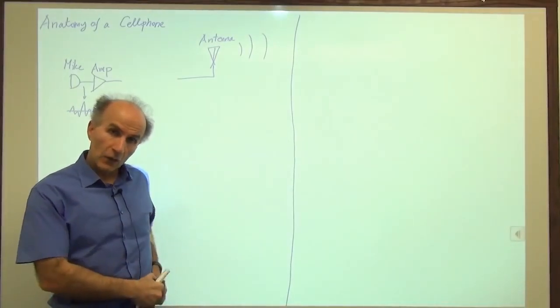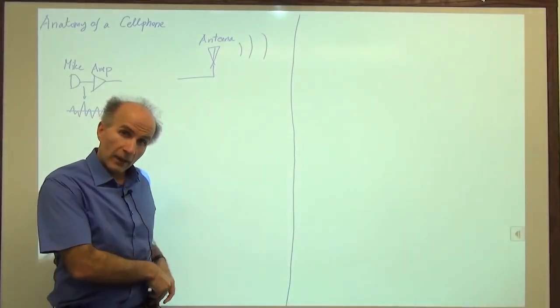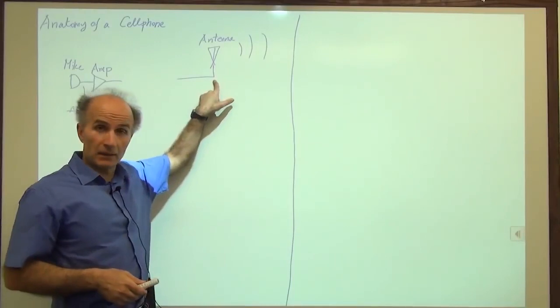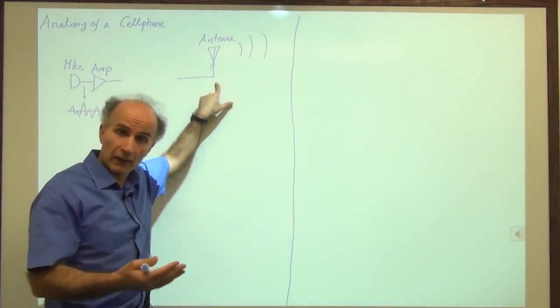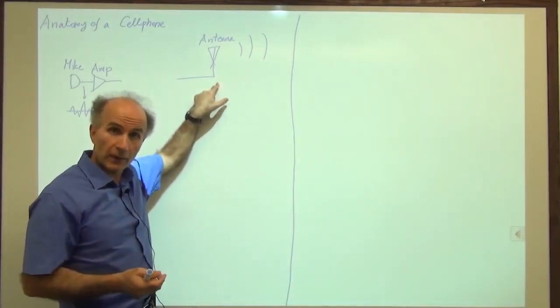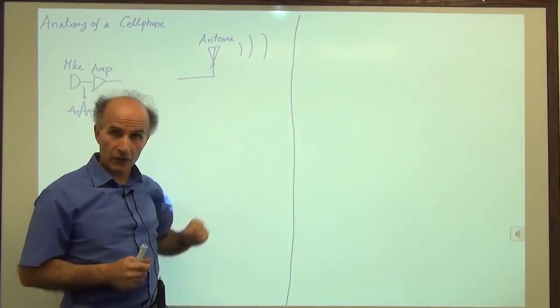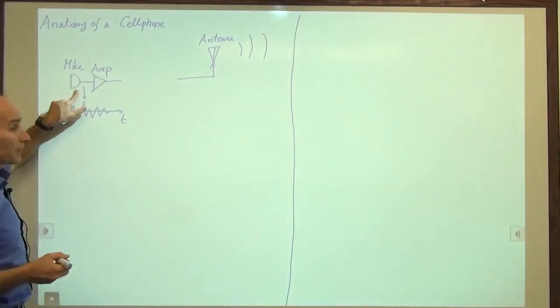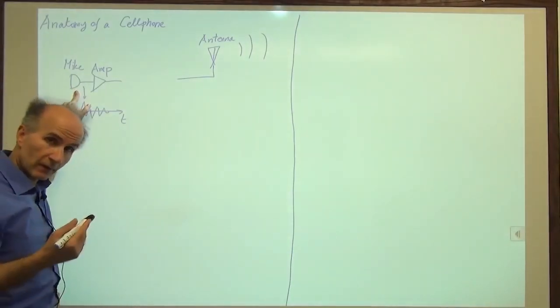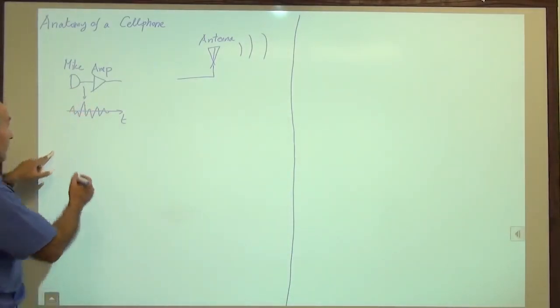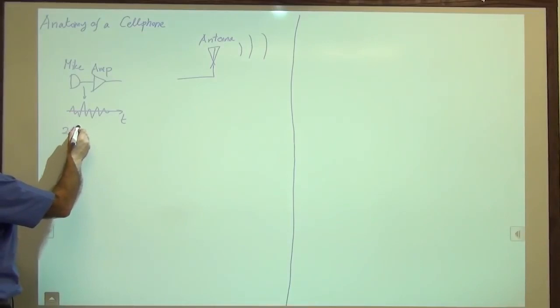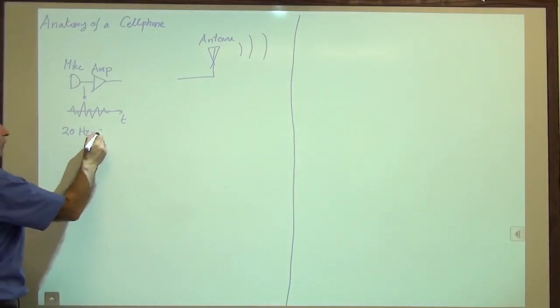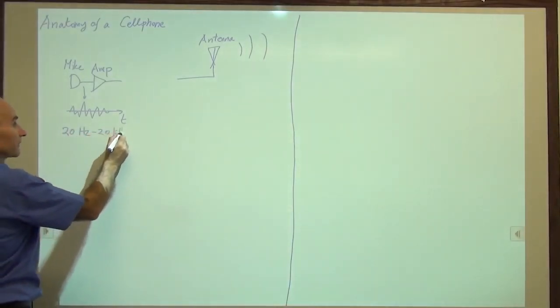All right. So we need a frequency here corresponding to a wavelength that is reasonable in terms of these antenna dimensions. On the other hand, the signal that is produced by the microphone, the audio signal, the voice signal, has a frequency range of 20 hertz to 20 kilohertz.